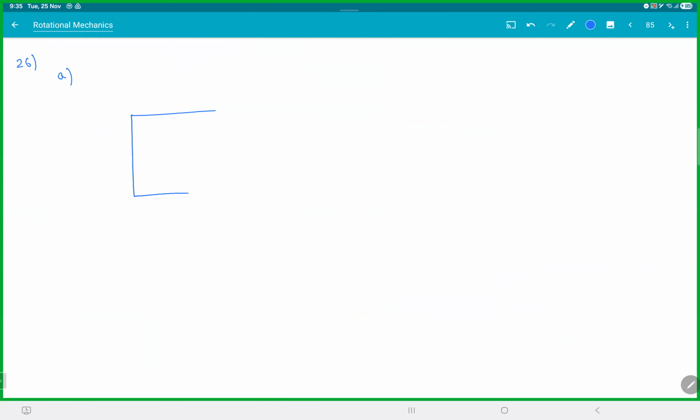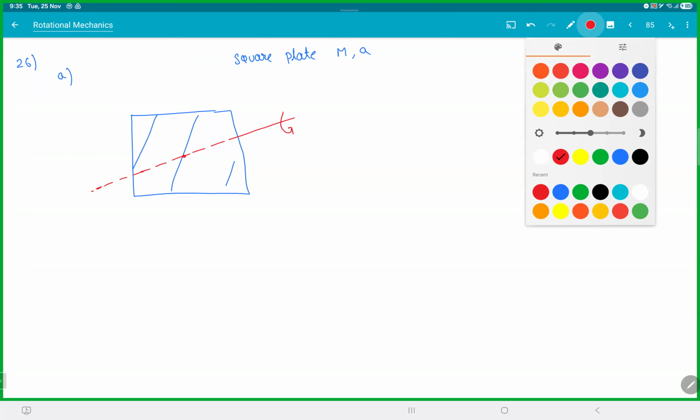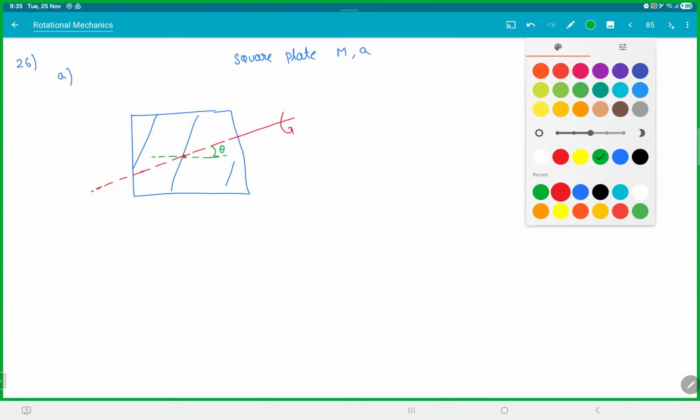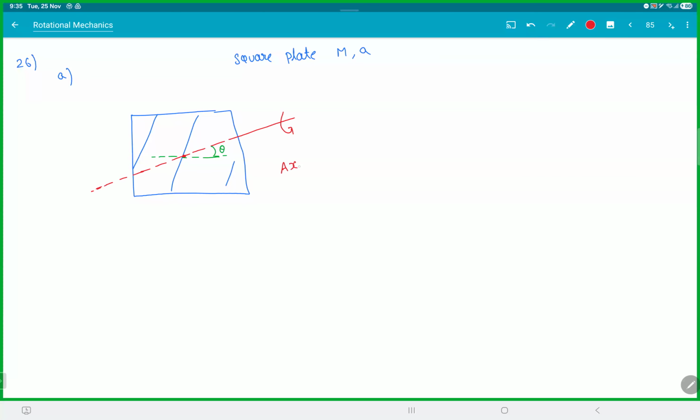Let's see one more. This is a good one. We have a square plate of mass M and side A. This is your center. We have an axis passing through the center, and this makes an angle theta with the horizontal. Axis in the plane and passing through the center.